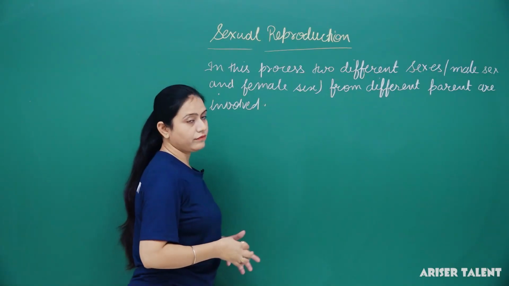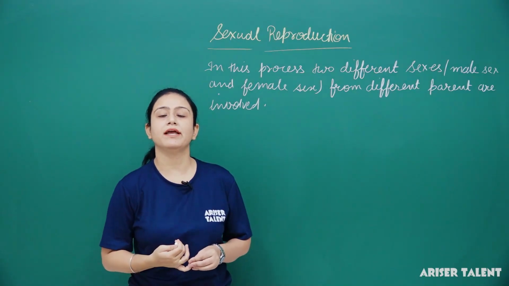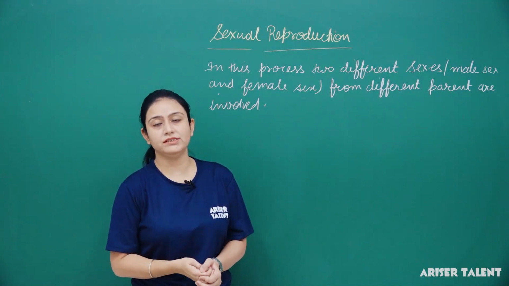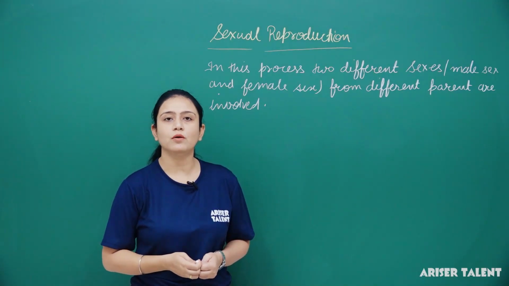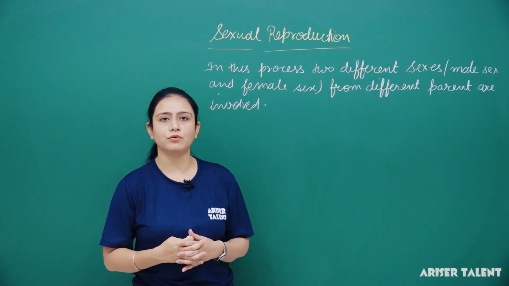Okay, and after the fusion of these gametes, these are known as male gamete and female gamete, a zygote is formed which grows into the embryo. Okay, or a new organism is formed by that.